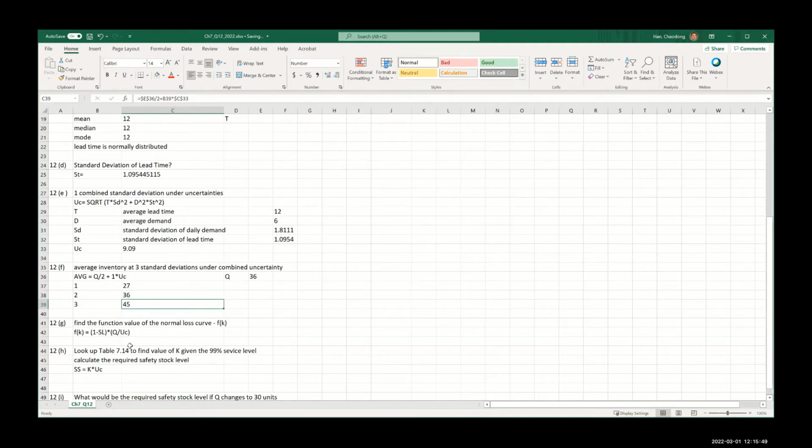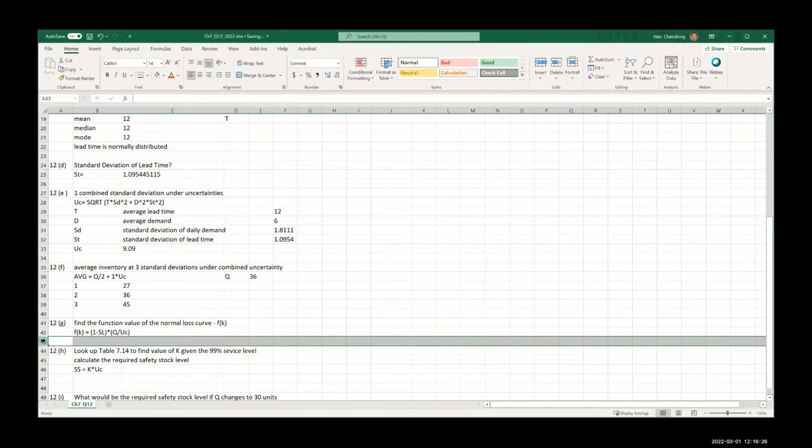We know that there is a relationship among Fk, SL means service level, Q is the order quantity, and the UC combined uncertainty. The K we can consider as an index. In this case, it's a normal loss curve function.